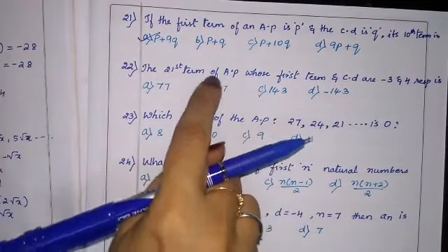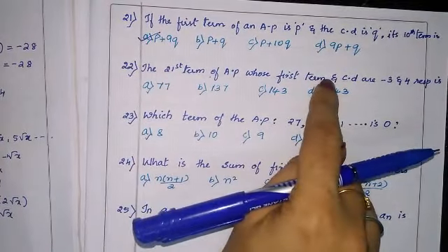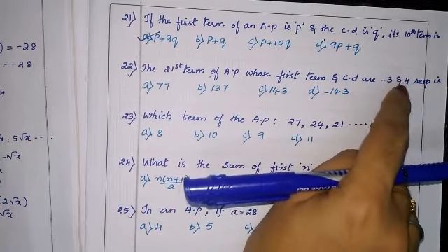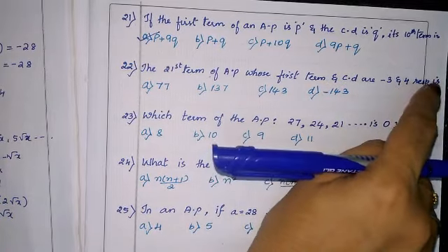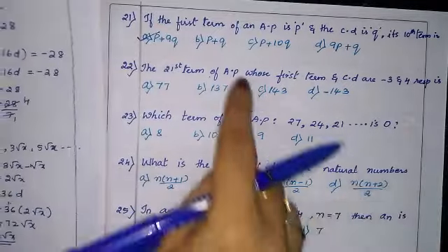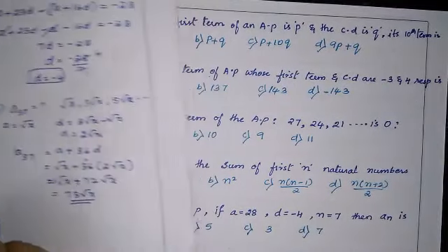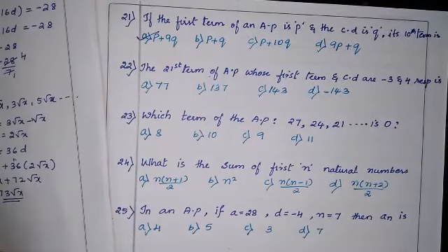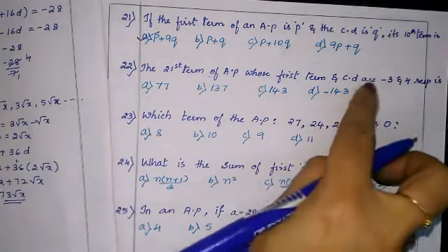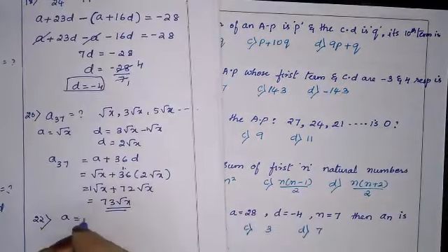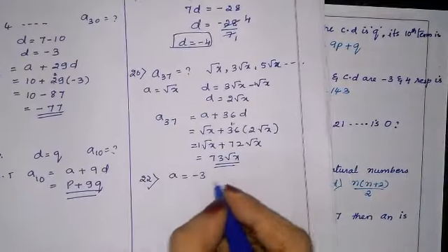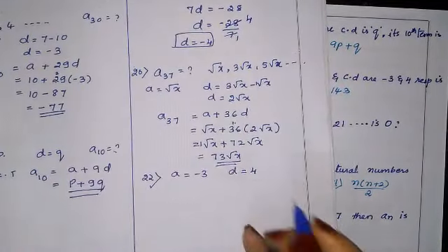The 21st term of an AP whose first term and common difference are minus 3 and 4 respectively is. First term is minus 3 and common difference is 4 respectively.